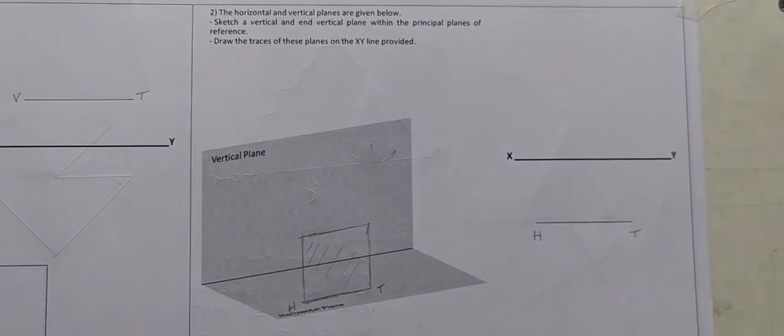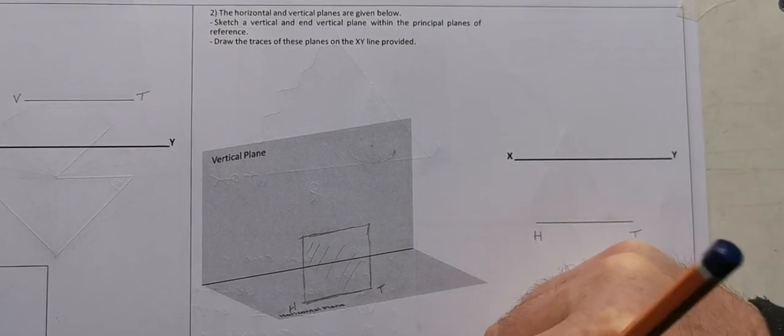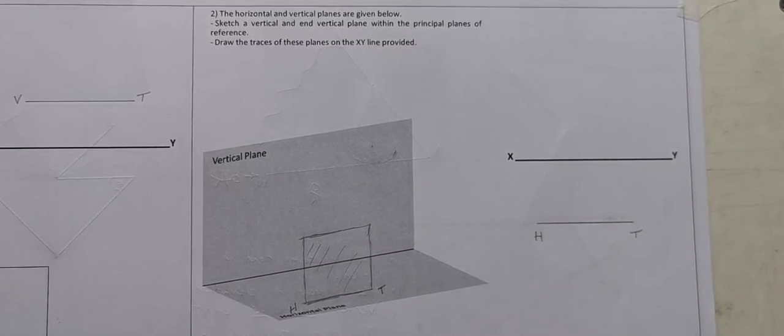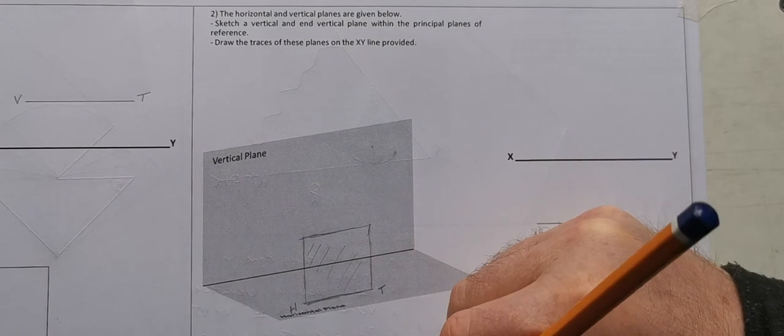Now they said also sketch a vertical and an invertible plane. By an invertible plane, I think they mean a plane that's vertical in the end view. So that might be something like this. I'm kind of guessing here. I suppose I could have taken that all the way up to here.